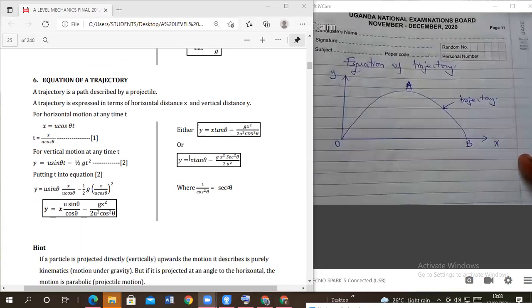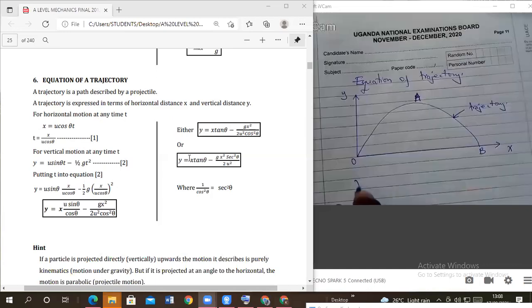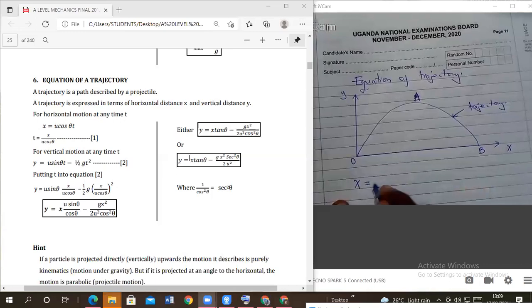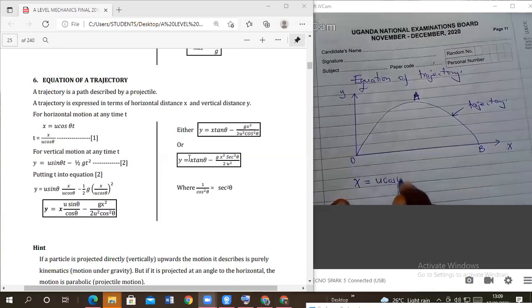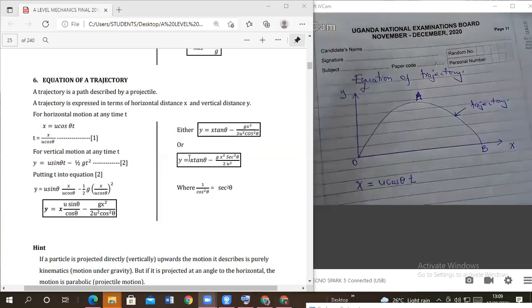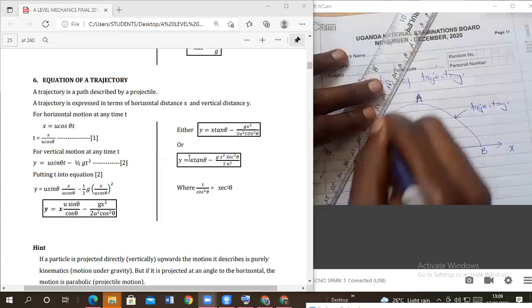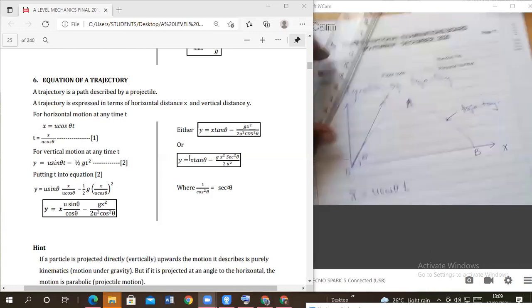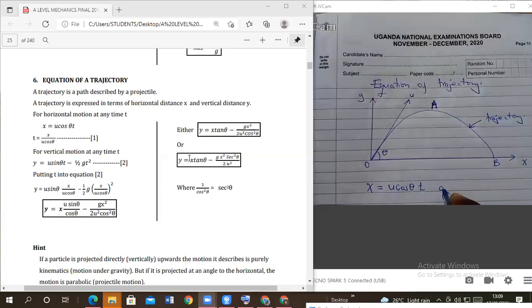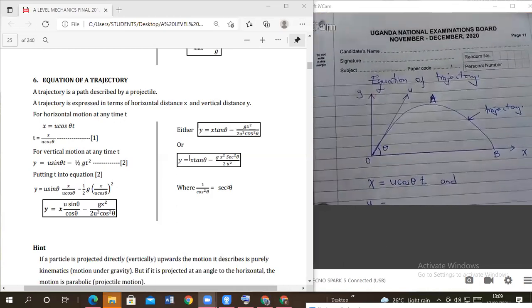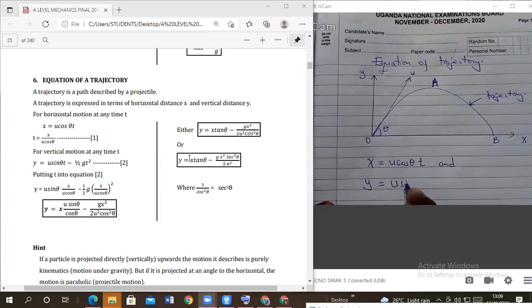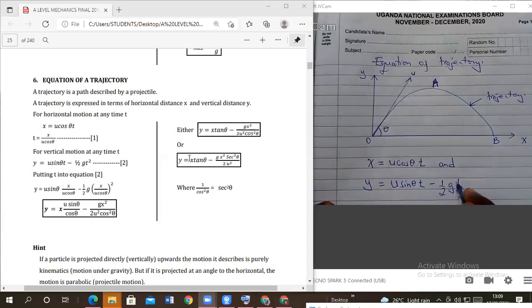A trajectory is expressed in terms of horizontal distance and vertical distance. If you remember very well, our x was u cos theta t, and y was u sine theta t minus a half g t squared.